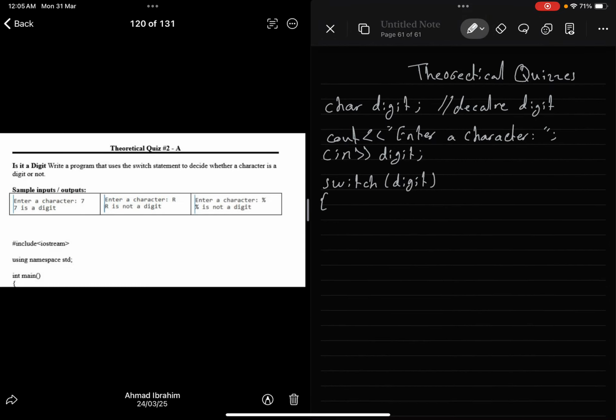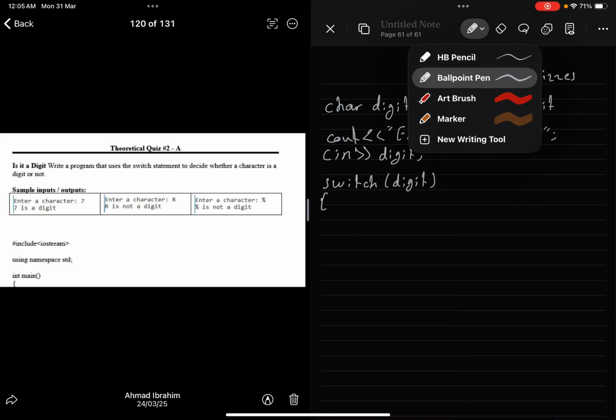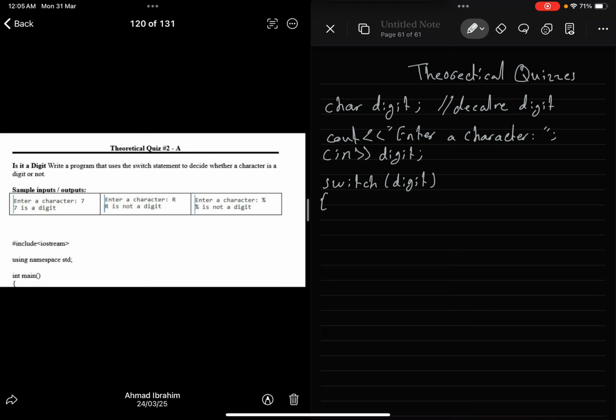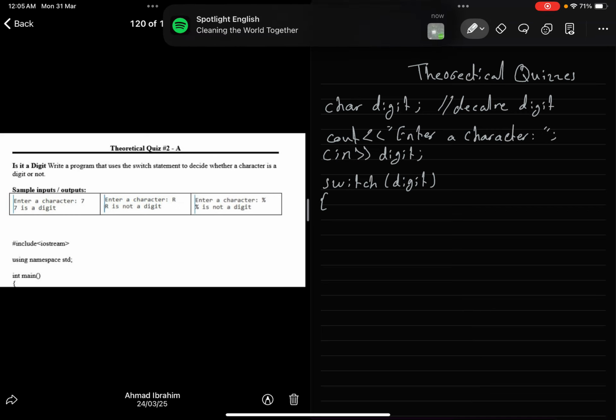So it was my mistake because I said it is from 1 to 9. It is wrong, it is from 0 to 9. So if you write a number from 0 to 9, it will be a digit.